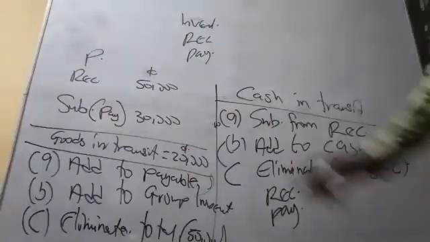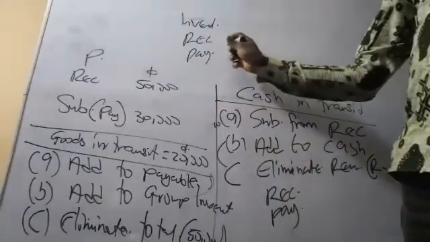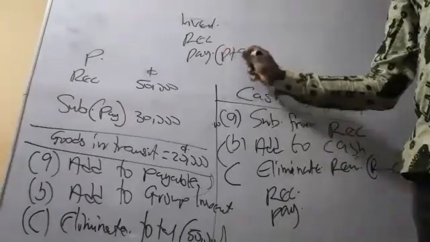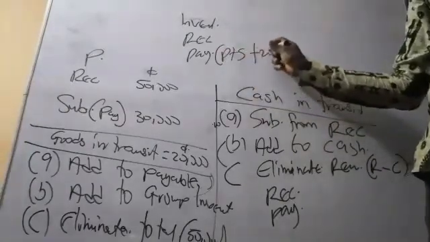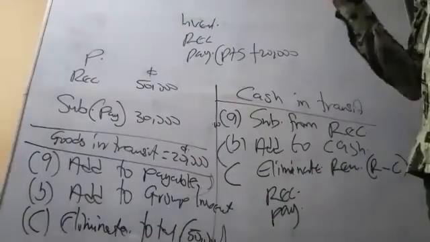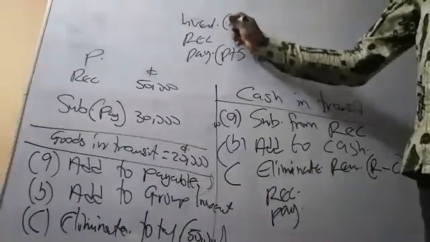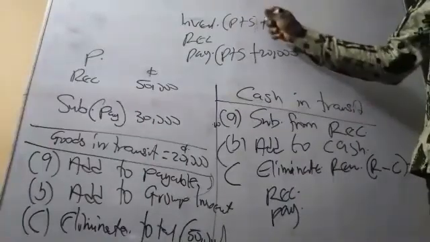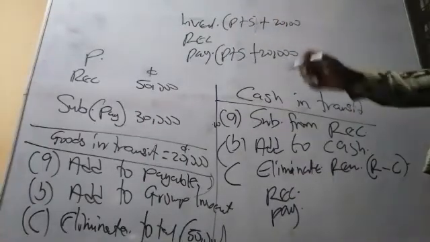When the subsidiary receives that 20,000, it will increase the payable, right? Perfect. So here, open a bracket, parent owned plus subsidiary plus the 20,000 because that is the amount that will increase. Good. What happened to the inventory? Inventory to increase, right? Open a bracket, parent owned plus subsidiary owned plus the goods in transit of 20,000.